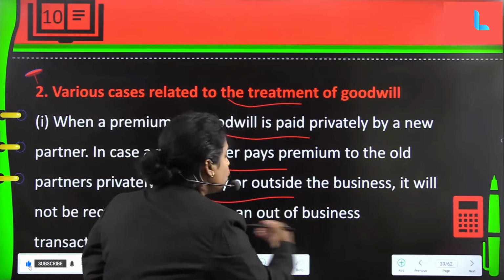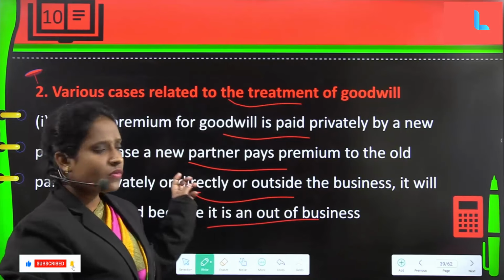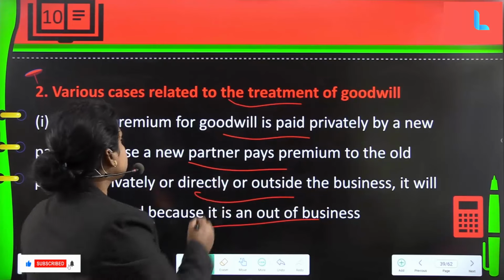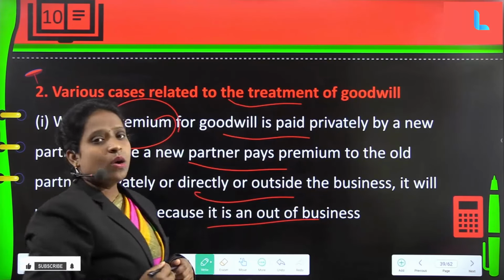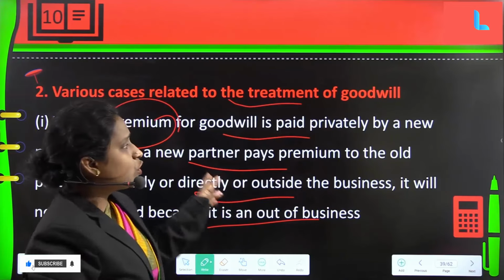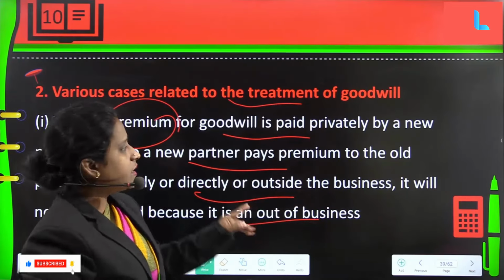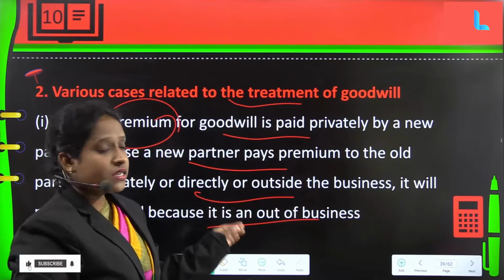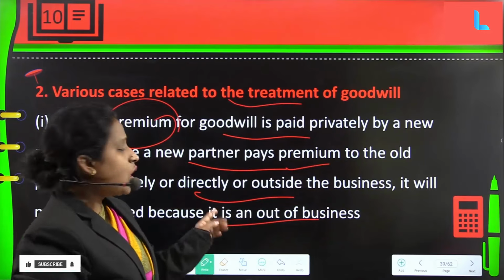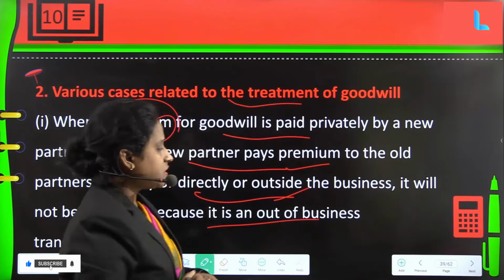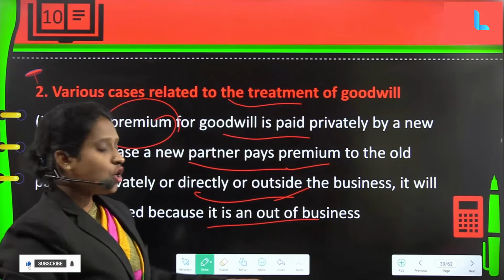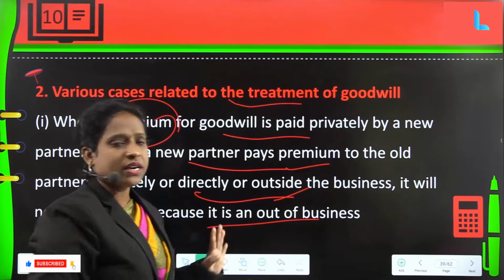Right, we have already discussed the concept of premium. What is premium? The extra money that we are paying for the share. It will not be recorded because it is an out of business transaction.